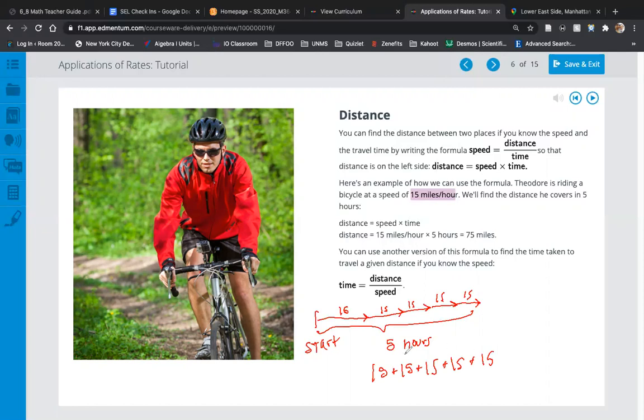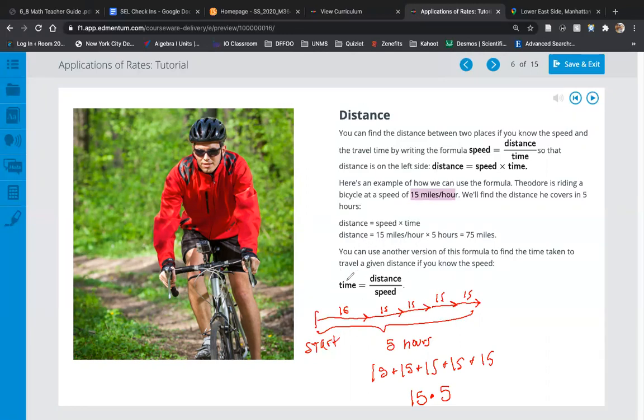But this is a little cumbersome. You're not going to sit there and keep adding 15 up. The fast way to do this would just be to say, okay, so 15 miles per hour multiplied by 5. That's going to give you the same result as just adding it up 5 times. So if you know the speed and you know how long you're taking, you just need to multiply the two.